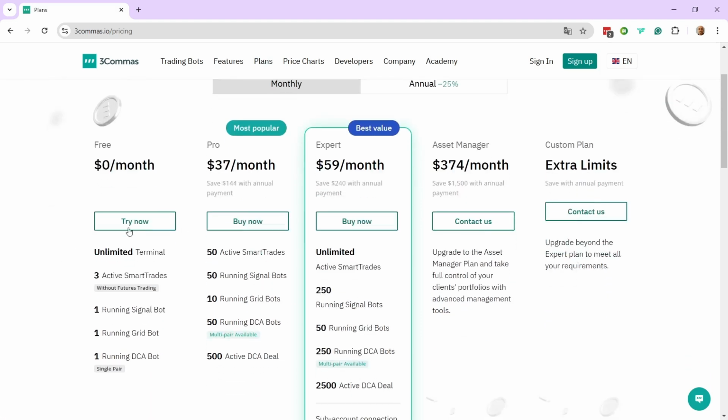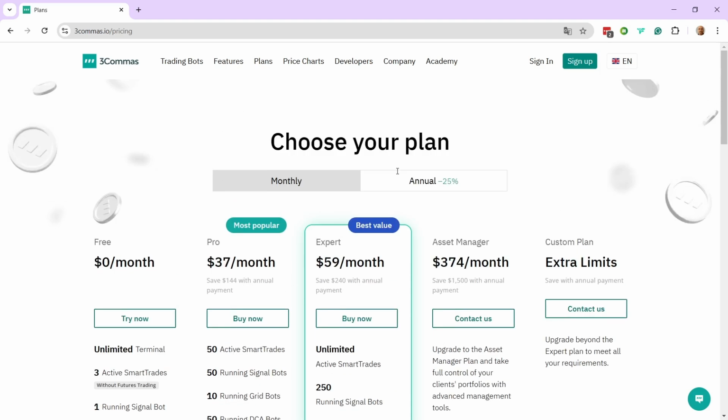The free plan only covers a few smart trades, only one running bot, but it's probably enough for some people. We normally recommend the Pro plan that allows you to have at most 50 running DCA bots, and you can also try several other features on 3Commas as well. And you can even save a lot with annual plans. Okay.